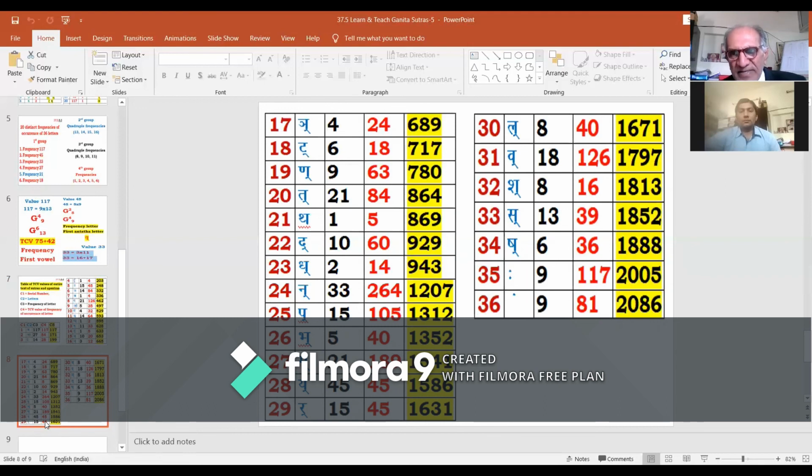Once one will be face to face with these tables, once one will have in print the text of the Ganita Sutras and Upsutras in their mind, in their brain, along with these organizing features, then certainly one will be at the initial takeoff stage.